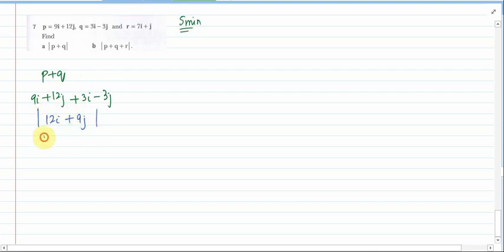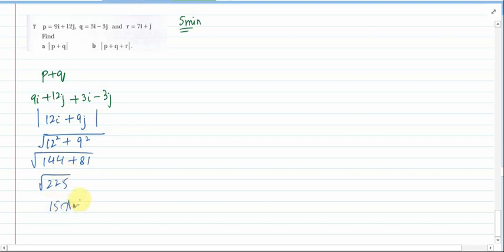For magnitude, just square the x and the y components. So it's 12 squared, 144, plus 9 squared, 81. 144 plus 81 is 225, and the root of 225 is 15. So that is your first part answer.